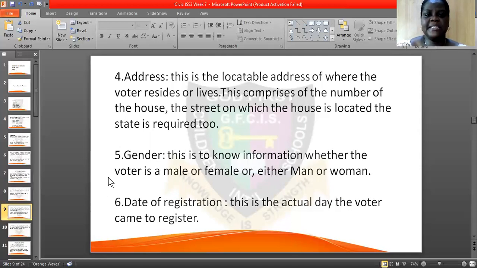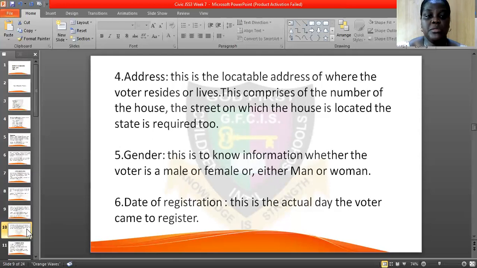Another information is gender. Gender has to do with the sex of the voter, whether it's male or female, or either a woman or a man. And the date of registration is also important. This is the actual day that the voter came to register.